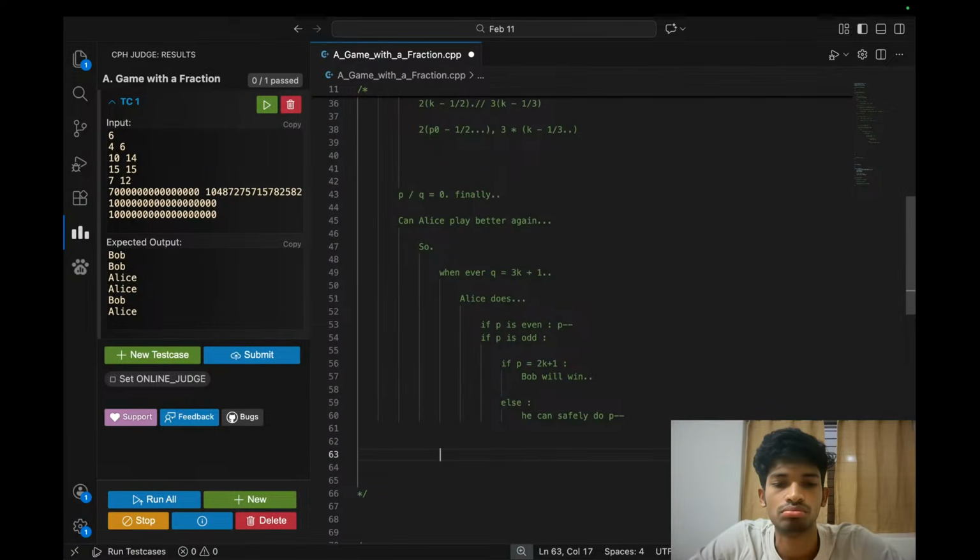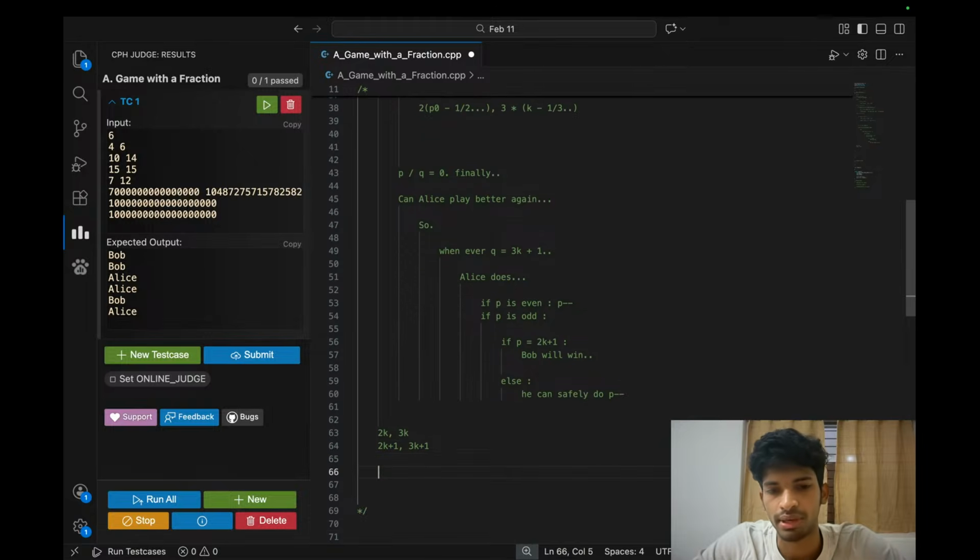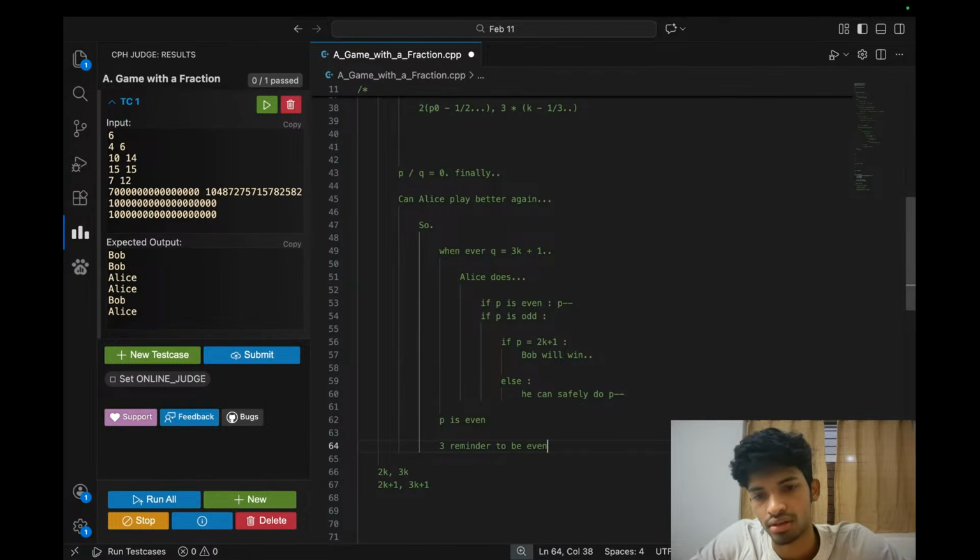So we know 2k, 3k are bad, 2k plus 1, 3k plus 1 are bad. Is there a way where Alice can again win here? Whenever p is even, can he manipulate the remainder mod 3 to be even? 0, 1, 2, 0, 1, 2, right?